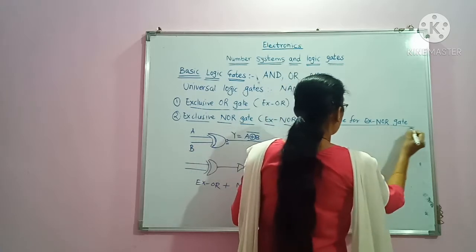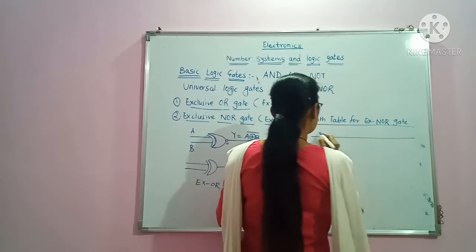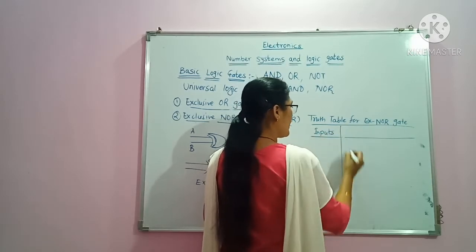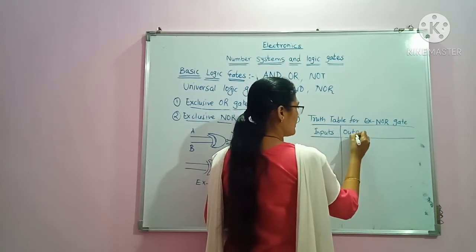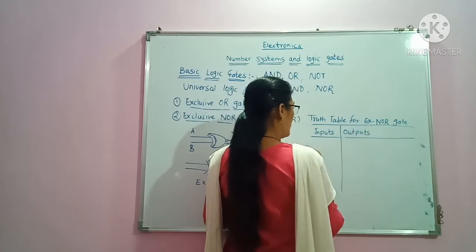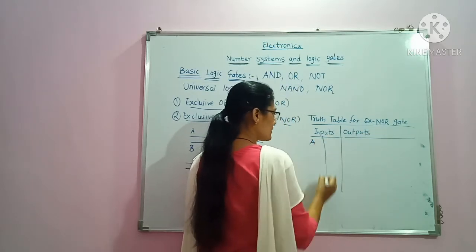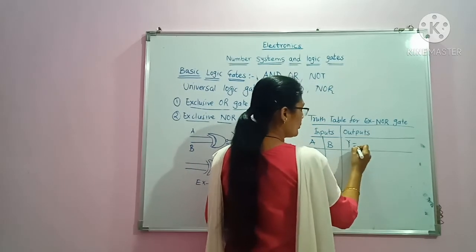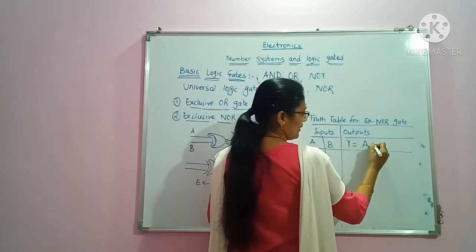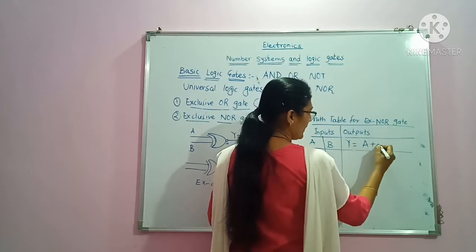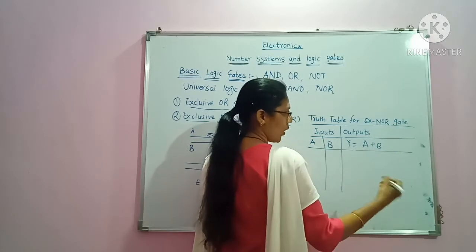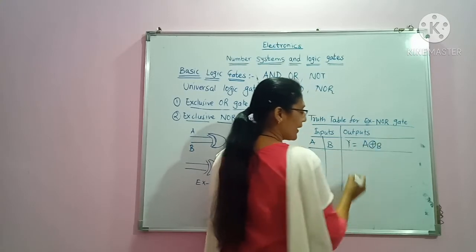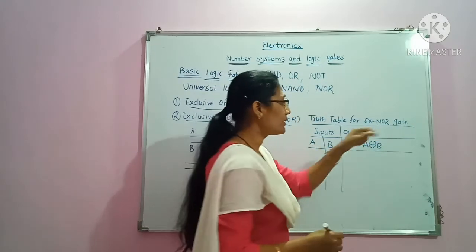So in order to draw a truth table, we will consider inputs and outputs. In case of inputs, we have considered A and B as inputs, and in case of output, A plus B represents OR gate, then it should be exclusive. So we have encircled it, and now it is a NOR.